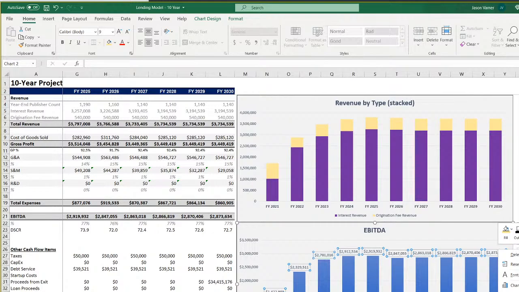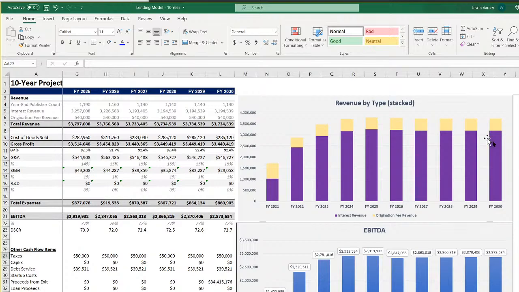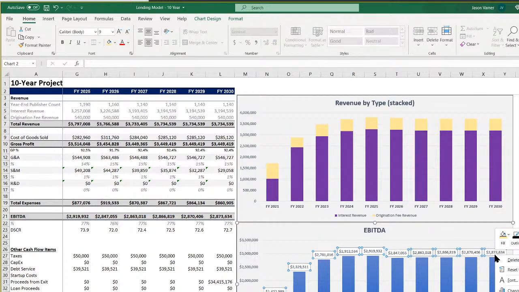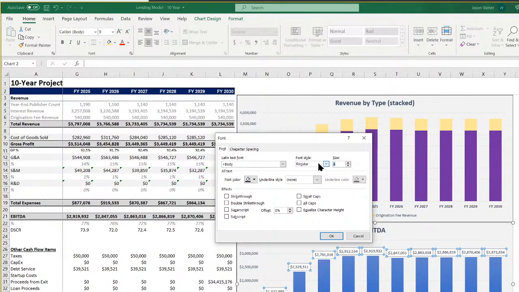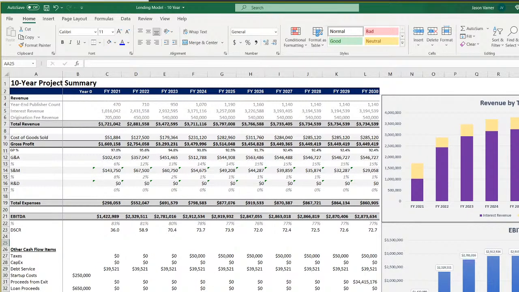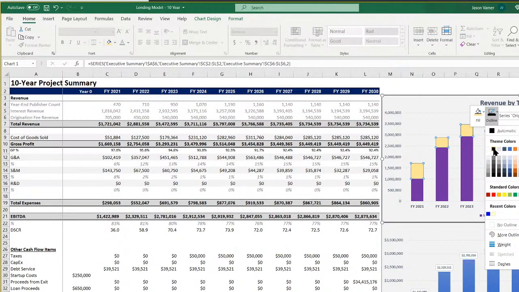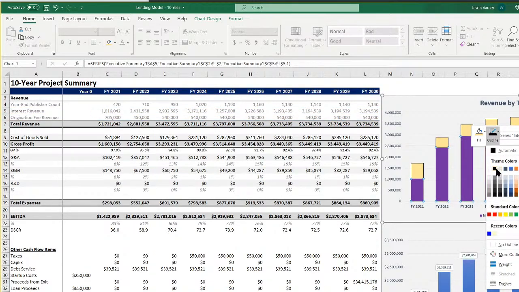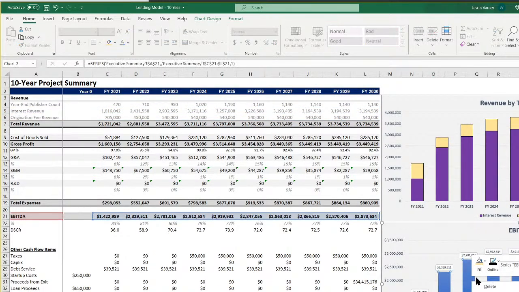Let's put a shape around it. That's not too bad. Maybe make the font smaller. Go 7. There we go. I like that. Okay, let's do outlines on these. And this here.